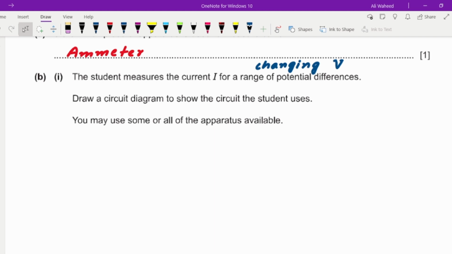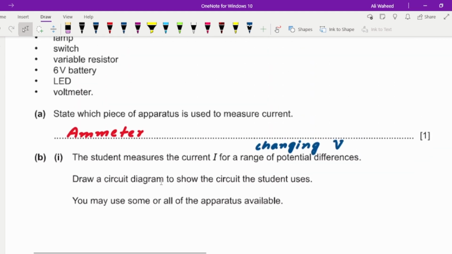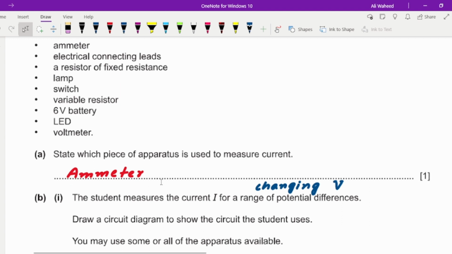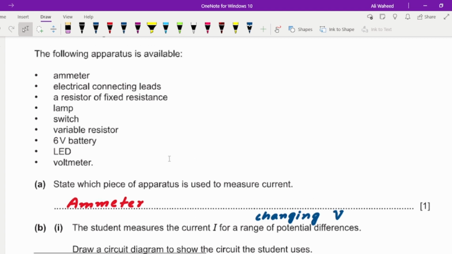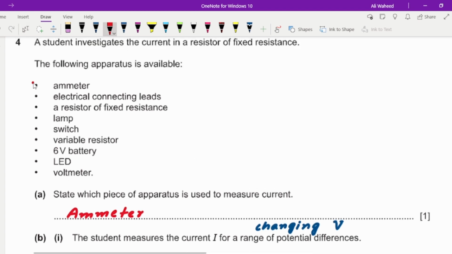Yeah, so stuff like this, and measure the current for a different range of potential differences. So we have a variable resistor and a switch. Okay, so what I'm going to do is use the ammeter from here.